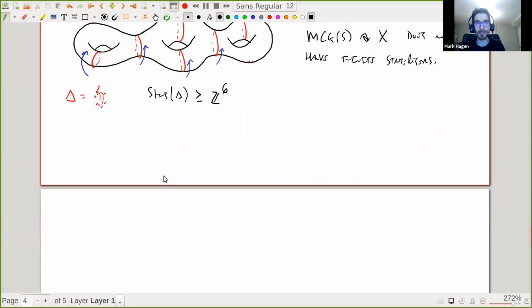So what I'll finish with is I'll just state the theorem that explains why we modeled this theorem on the curve graph, because we were after something to do with the mapping class group. Remember before I said that when you quotient the mapping class group by high powers of pseudo-Anosovs, you get another HHG. And we're interested in the question of what if you quotient by high powers of Dehn twists instead?